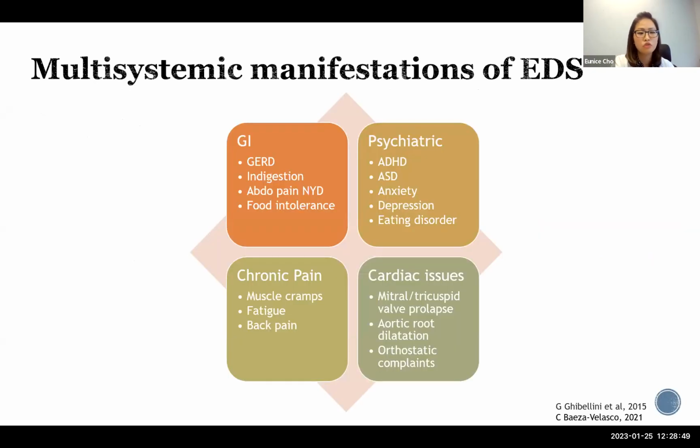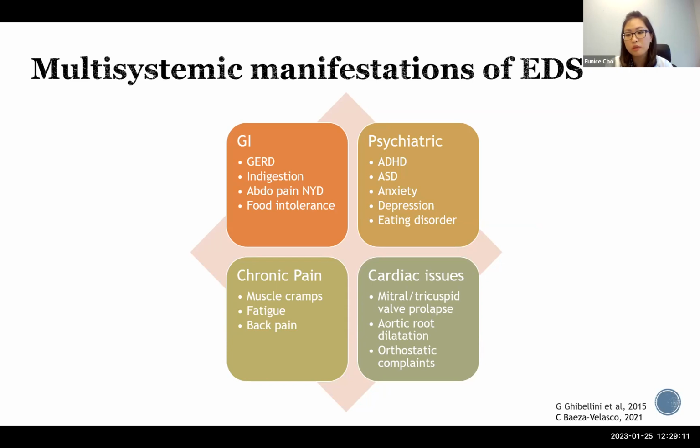So EDS is truly a multisystemic disease. A few things I highlighted earlier, but they also have a lot of GI issues. Patients with EDS tend to have GERD problems, indigestion, chronic abdominal pain with no clear etiology, and they tend to have some food intolerance as well.